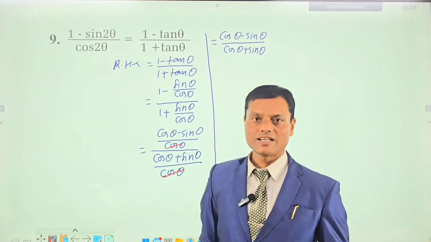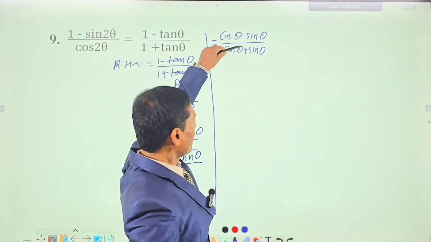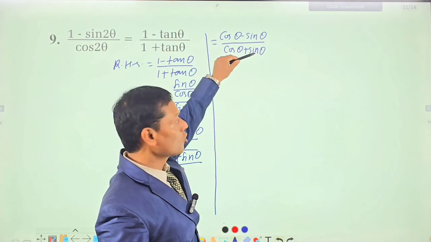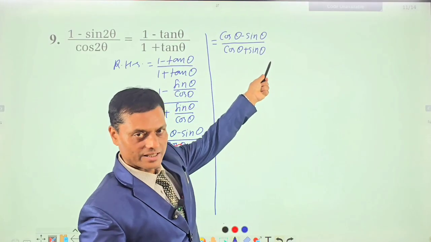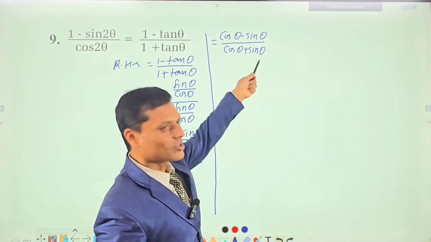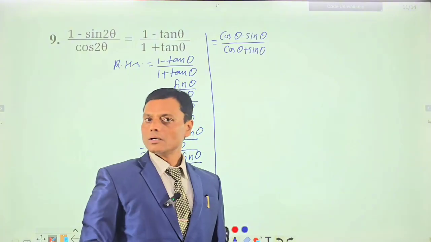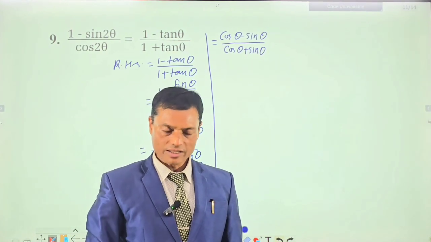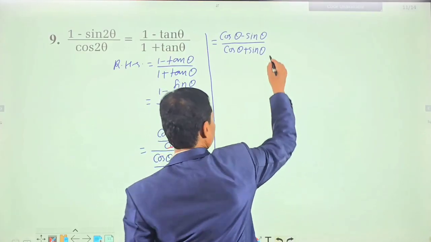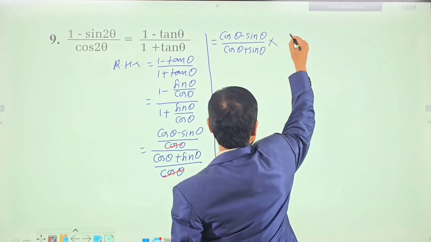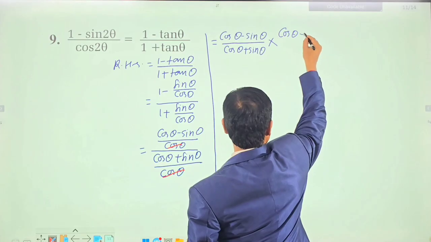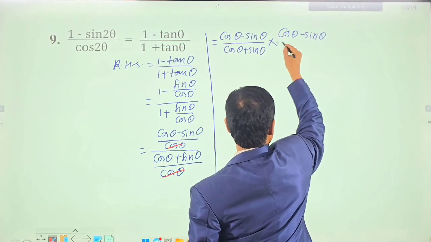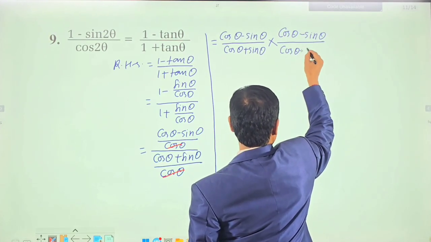So if cos 2 theta is at the denominator, we multiply up and down, that is the numerator and the denominator, by cos theta minus sin theta. Why? Because cos theta plus sin theta and cos theta minus sin theta give us cos square minus sin square theta, that's cos 2 theta. So do not forget that. So we multiply here by cos theta minus sin theta over cos theta minus sin theta.